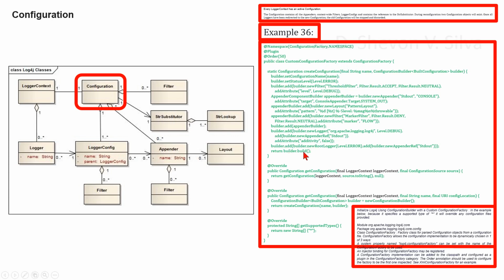This example overrides the getConfiguration method to return the configuration created by the configuration builder. This will cause the configuration to automatically be hooked into Log4j when the logger context is created.